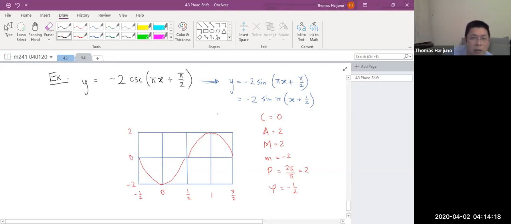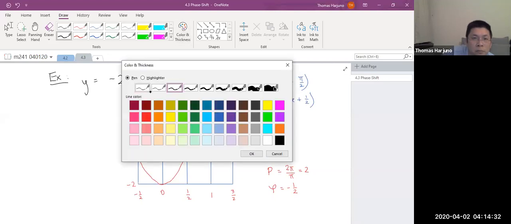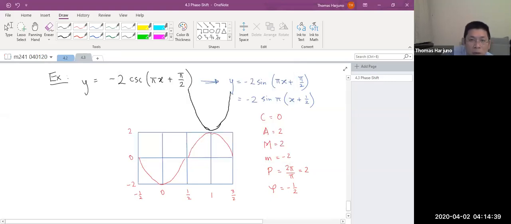Now we look back to the graph for cosine. The idea is every time you have a bump up, it will be an upward facing cup. Every time they hit the center, you have an asymptote.